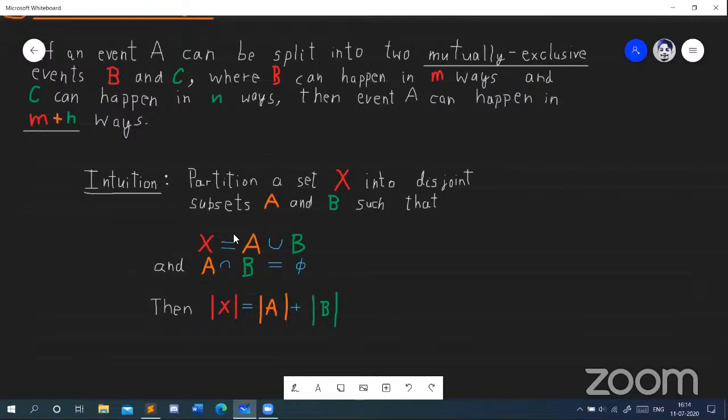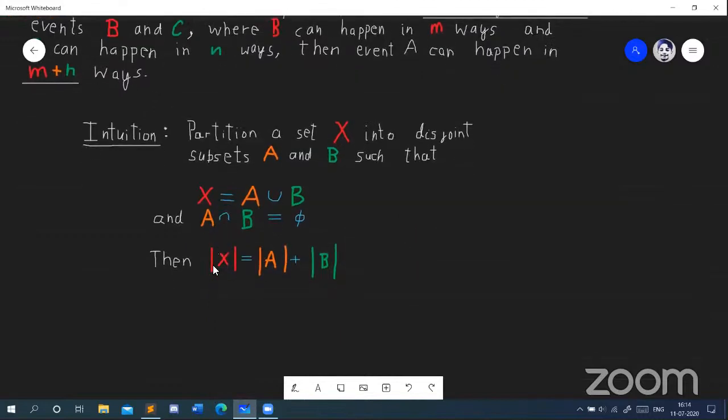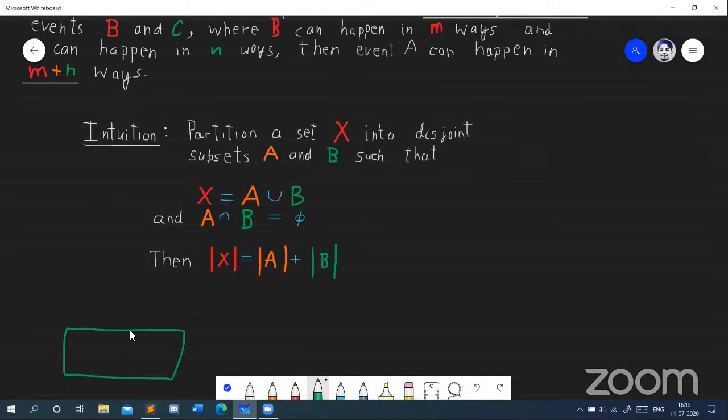This is true because if I were to have a set X equal to a union of two sets A and B, such that their intersection was the empty set, which just means these two sets are disjoint, then the cardinality of X will be the cardinality of A plus the cardinality of B. A way to look at this is, let me call this box X. If I partition it in such a way that everything to the left of this partition is not to the right of this partition, and this is A and this is B, and this in total is X, then the number of elements in X is the number of elements in A plus the number of elements in B.